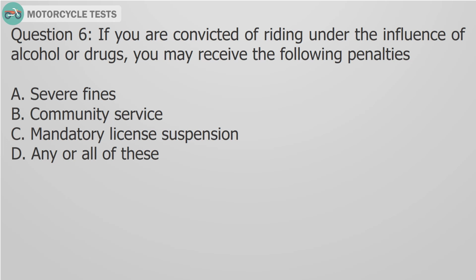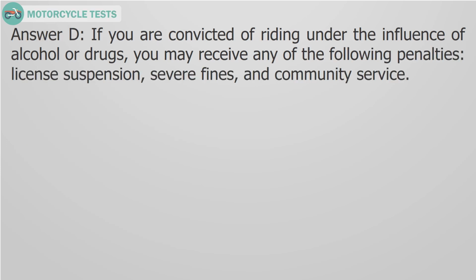Answer D. If you are convicted of riding under the influence of alcohol or drugs, you may receive any of the following penalties: license suspension, severe fines, and community service.